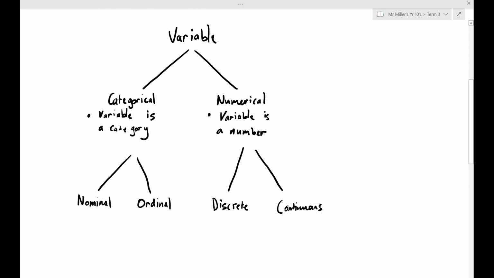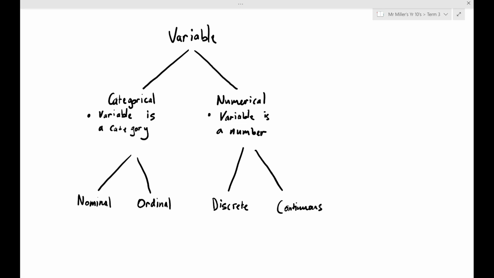If we're looking at categorical nominal data, so if our variable is categorical nominal, that means we're measuring not a number, but a category. For example, color, month of the year, country of birth, things such as that. And it's a nominal categorical variable. Nominal means that there's no real order to the categories.